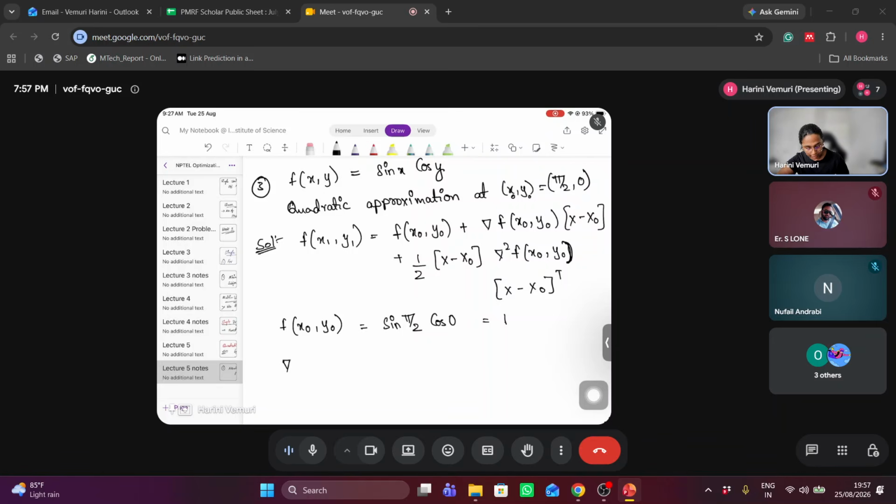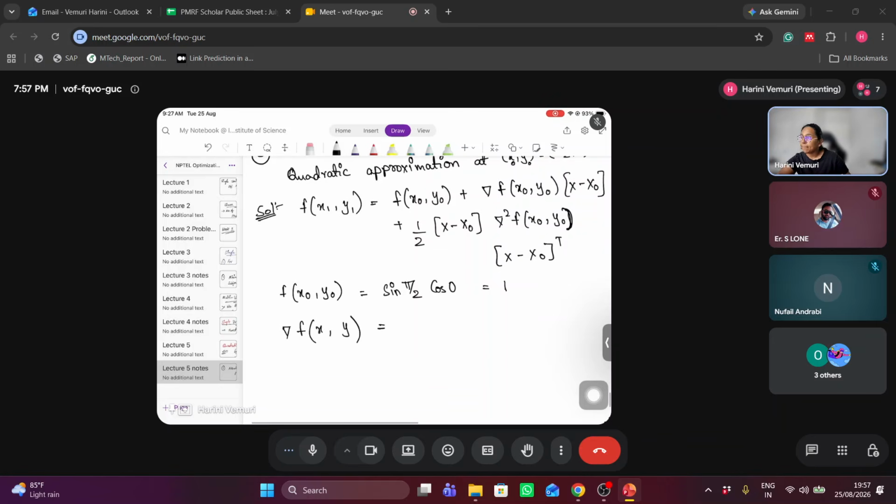Then we have to find del of f of x0 comma y0. First let's calculate del f, which is dou f by dou x and dou f by dou y.